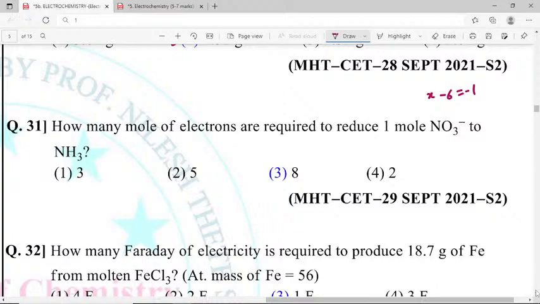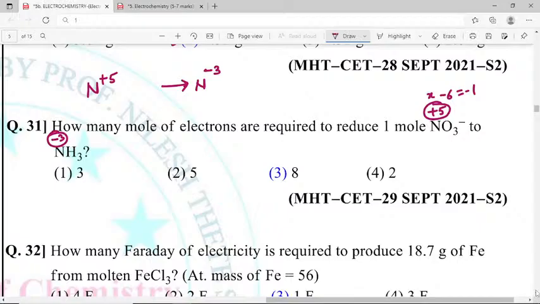So how much is x? x is equal to +5. So this is +5 in nitrate. In ammonia, nitrogen plus hydrogen +3 gives -3. So nitrogen +5 converts into nitrogen -3.